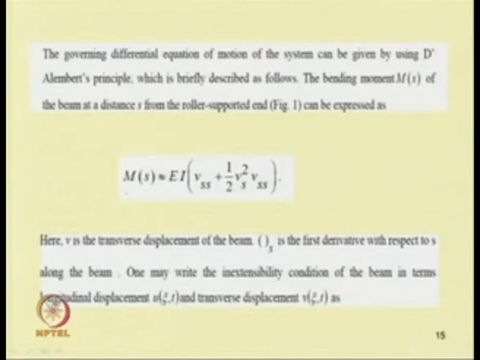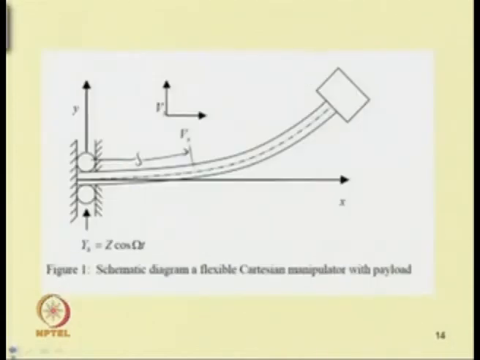Now this bending moment at any section can also be written in terms of the forces. For example, if you take a section here, the section is subjected to inertia force. Let us consider u as the displacement along the axial direction and v as the displacement along the transverse direction.